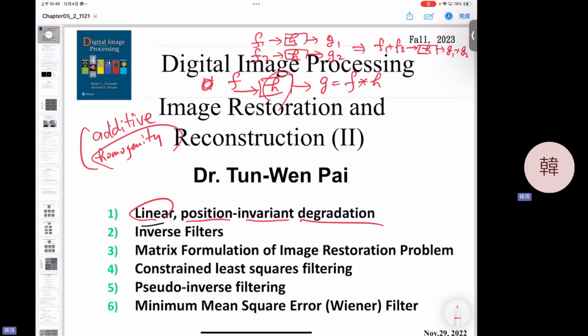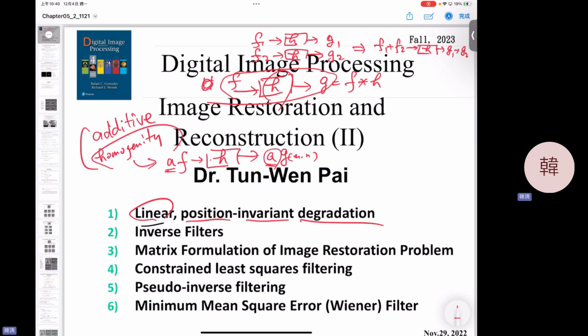So what's homogeneity? Homogeneity is a scaling issue. If you have an F like this, and your degradation result is the observed image G, and homogeneity tries to amplify your image, then it means if you have F multiplied by a scalar as your input image to this degradation model, you get a multiplication of the same scalar as well.